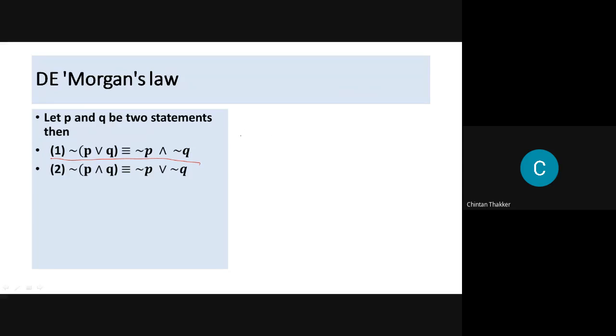Suppose to prove the first one, we make the statement: the negation of P or Q, if and only if, the second statement B, the negation of P and the negation of Q. To show both statements are equivalent, we have to prove the if and only if statement is a tautology.